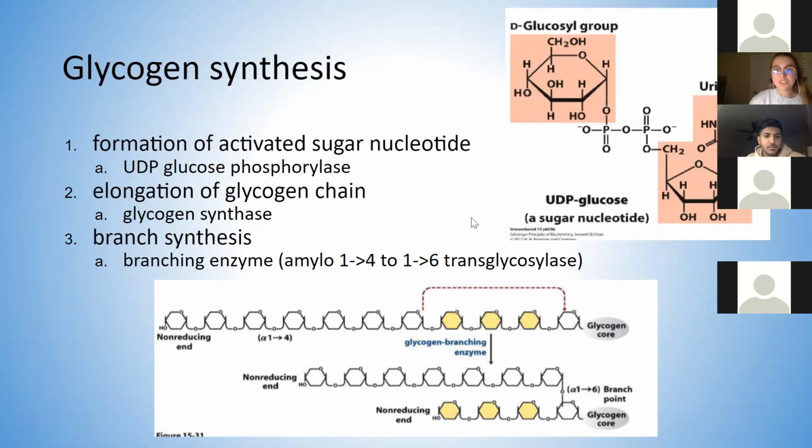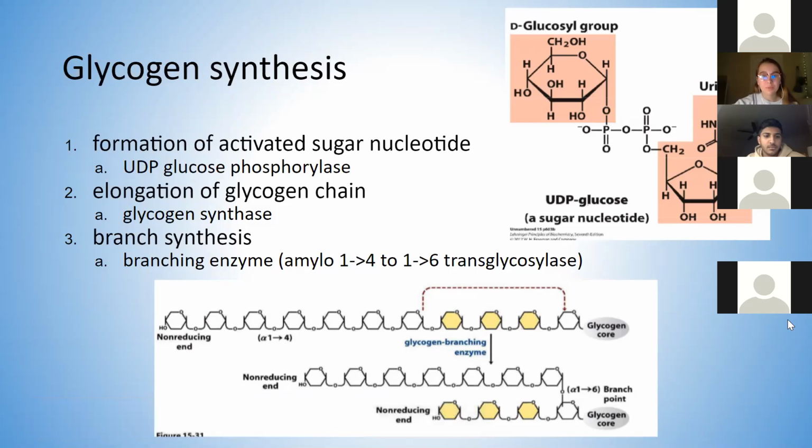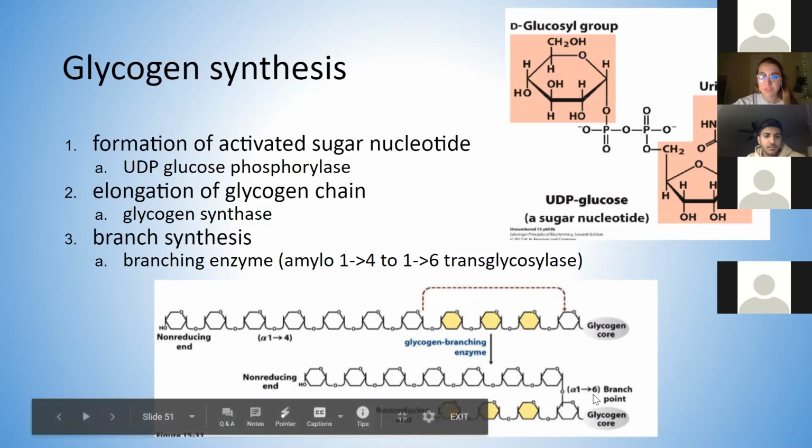This is essentially just telling us that we are taking an alpha-1,4 glycosidic linkage and transforming it into that alpha-1,6 glycosidic linkage. As shown in the picture here, we see that we are taking a completely linear chain of glucose here with only alpha-1,4 linkages, and essentially branching off using alpha-1,6 branch points.